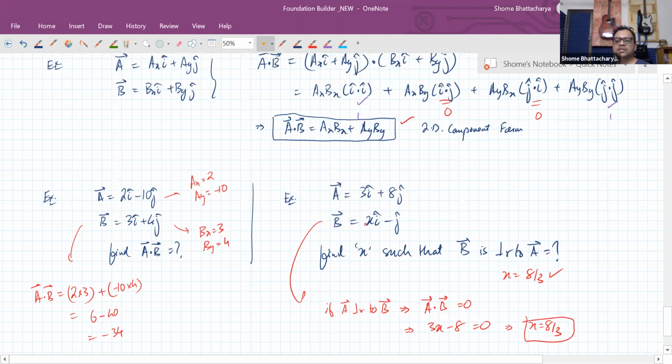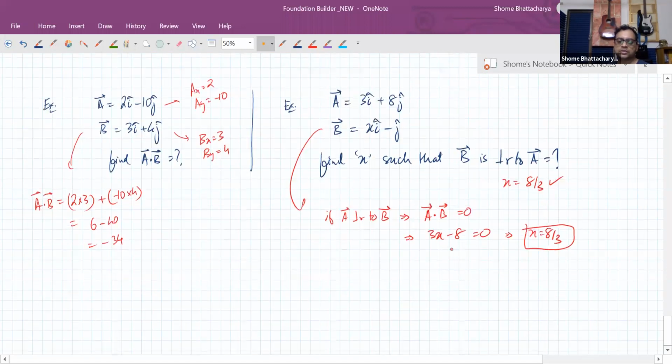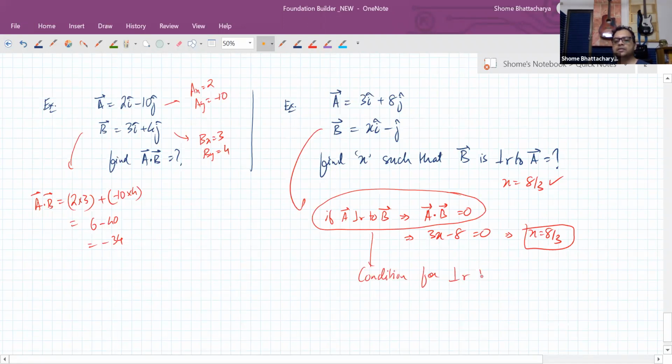So as you can see, this is a very easy way to find the condition for two vectors to be perpendicular. Dot product is 0 is a very good way to find the condition for two vectors to be perpendicular. This one. Condition for perpendicular vectors.